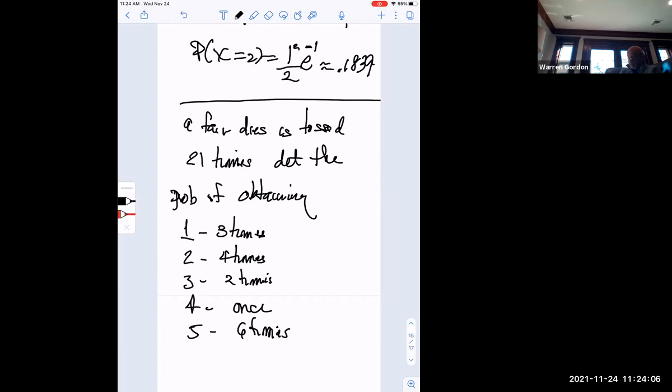And a 6 5 times. So basically, I would let x1 represent the number of times a 1 would appear, x2 the number of times a 2 would appear, x3 the number of times a 3 appears, and so on.